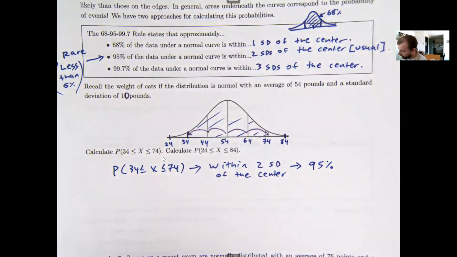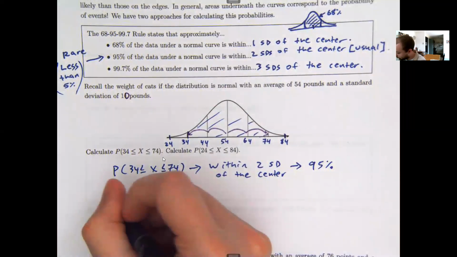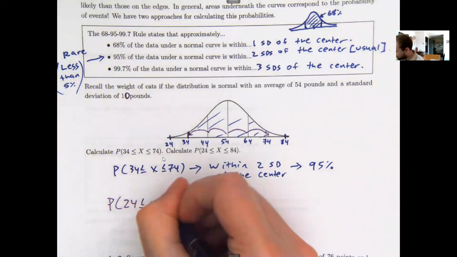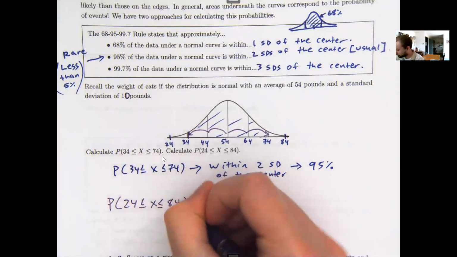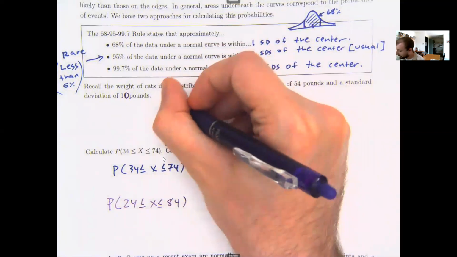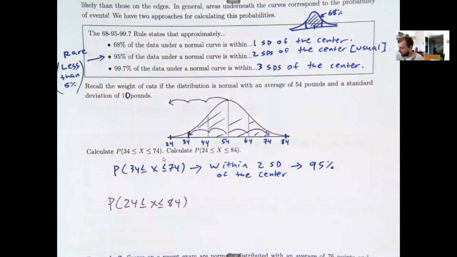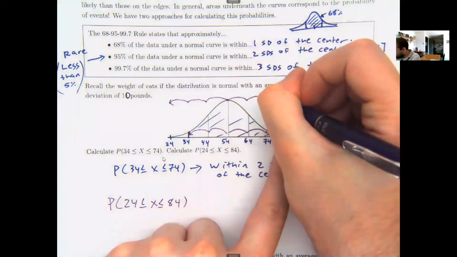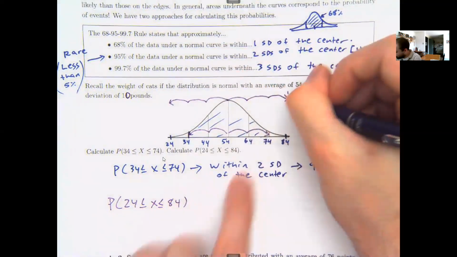Let's say I was looking at the next one, 24 to 84. 24 is 1, 2, 3 tick marks down. 84 here is 1, 2, 3 tick marks up.